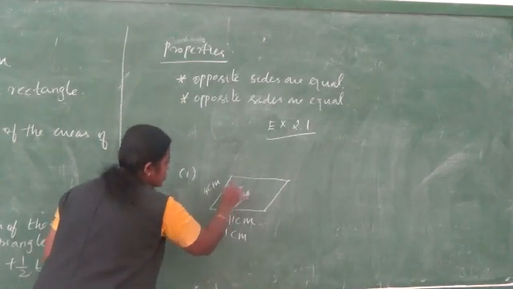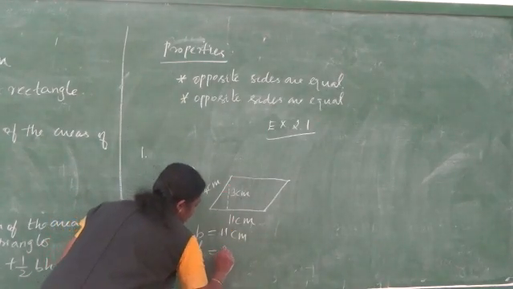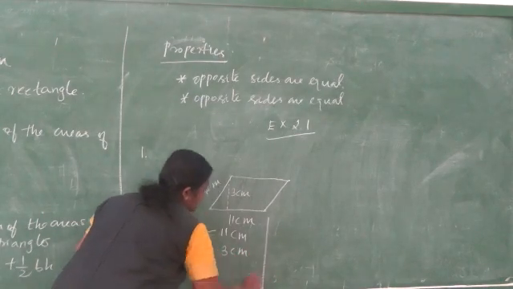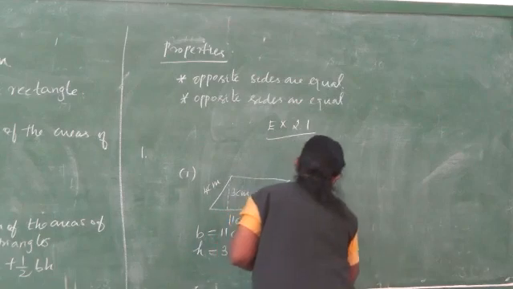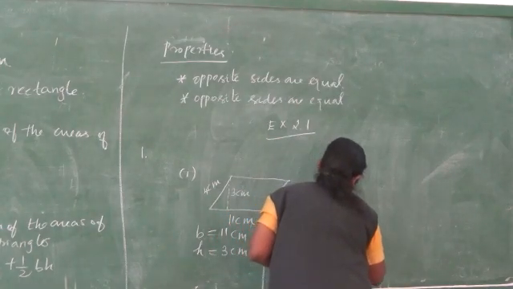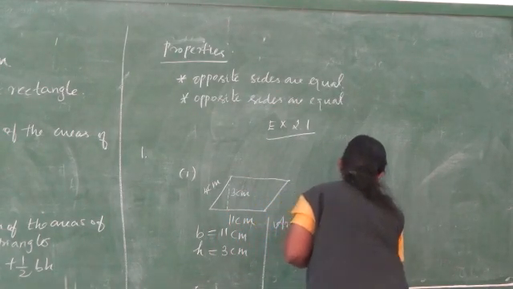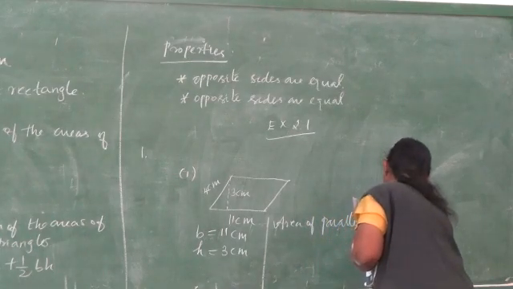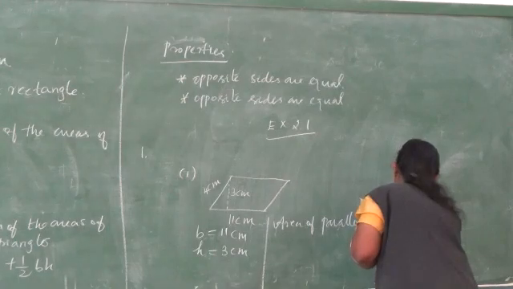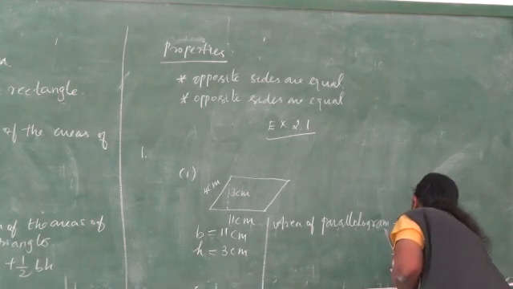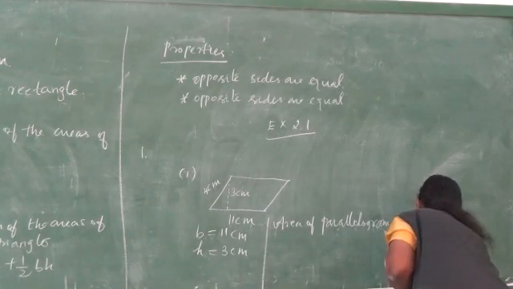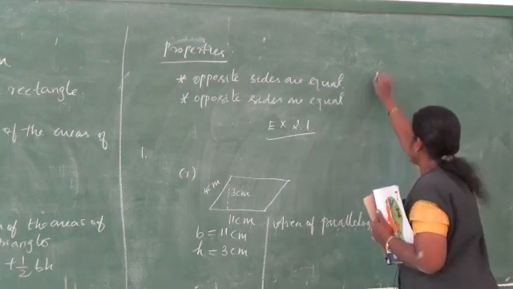What is the height given to us? 3 centimeter. So height equal to 3 centimeter. What is the area formula? B into H. So base is 11 into 3. 11 3s are 33 centimeter square.